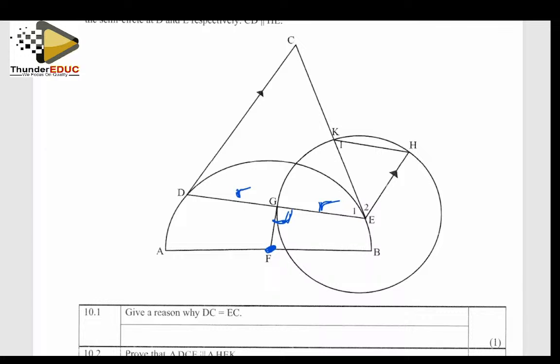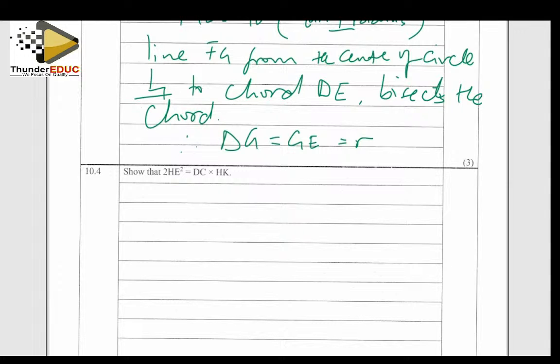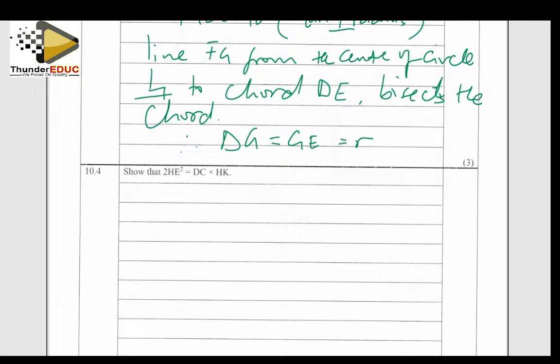Then next question. They want us to show that 2HE squared is equal to that. So let me try to draw my triangles based on the corresponding sides and angles.